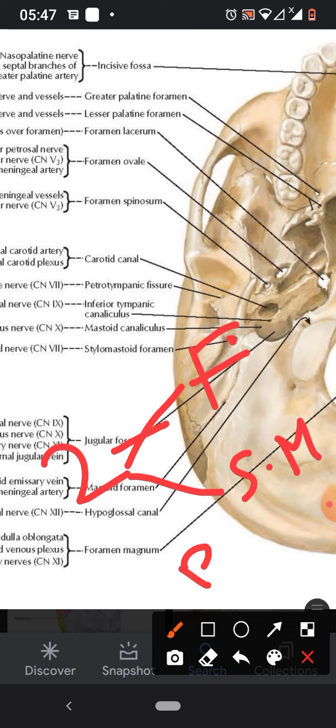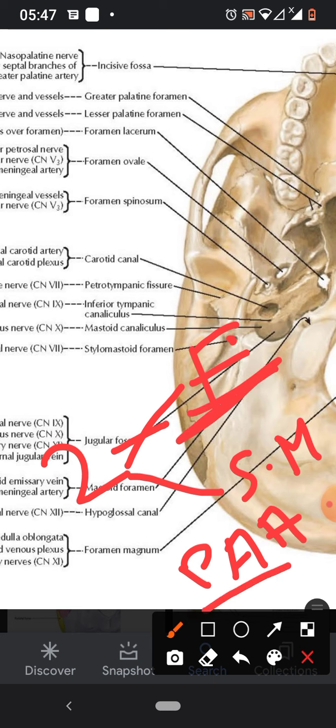So one nerve and one artery are passing through this foramen: the facial nerve, and the posterior auricular artery. And which branch of the posterior auricular artery is passing? The stylomastoid branch.